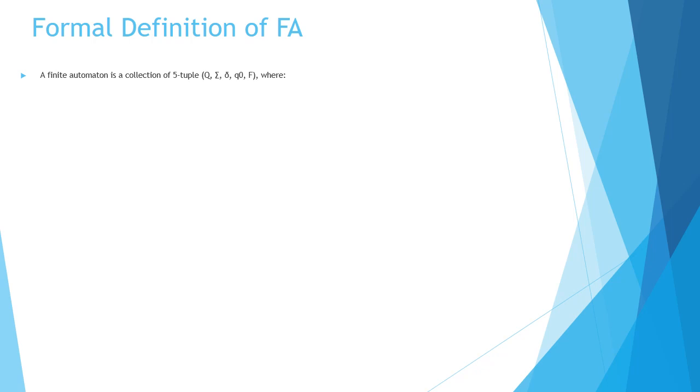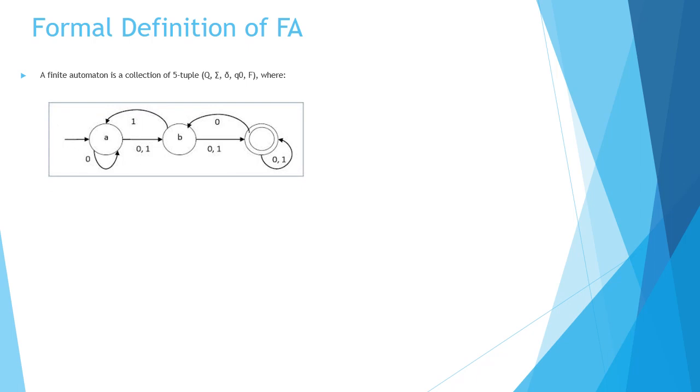What does five tuple exactly mean? Whenever we have two things, we call it a double, whenever we have three things, a triple, and whenever we have five or more things, we use the word tuple. So a finite automaton is basically a set of five things. Now we will discuss what all these five things are.